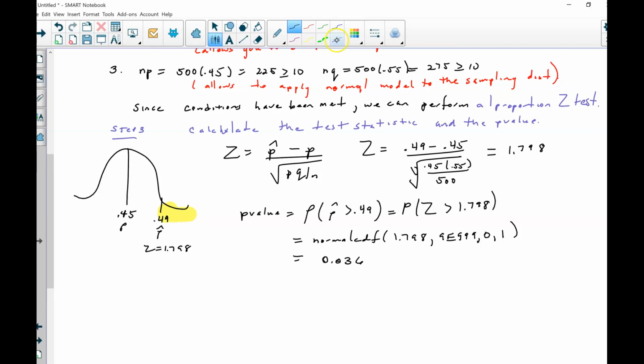Okay, and now we're up to the last step where we're going to interpret our p-value and state our conclusion.